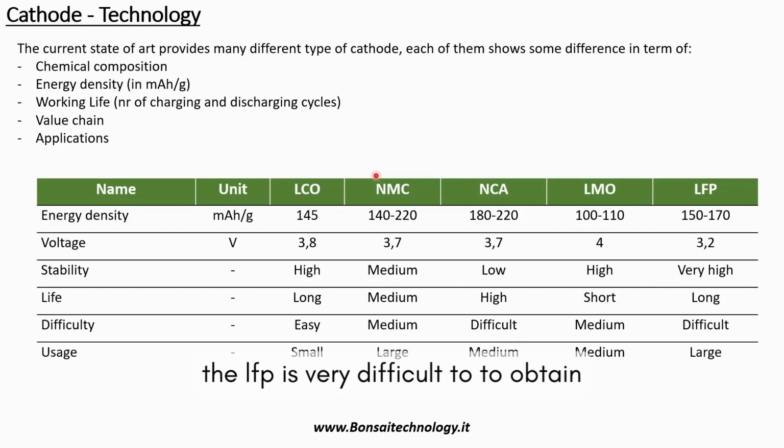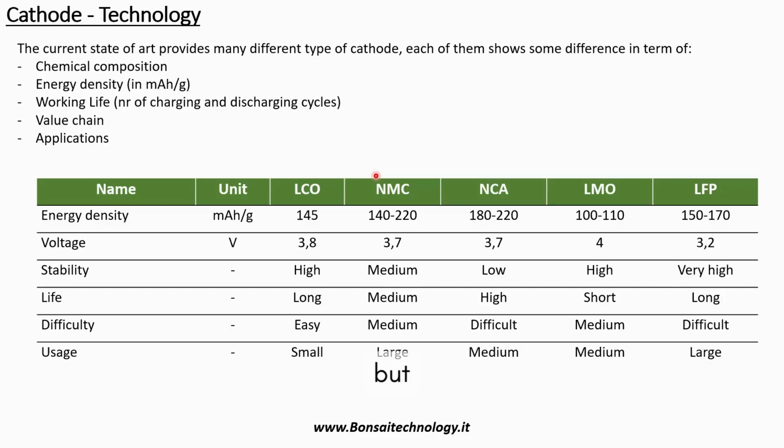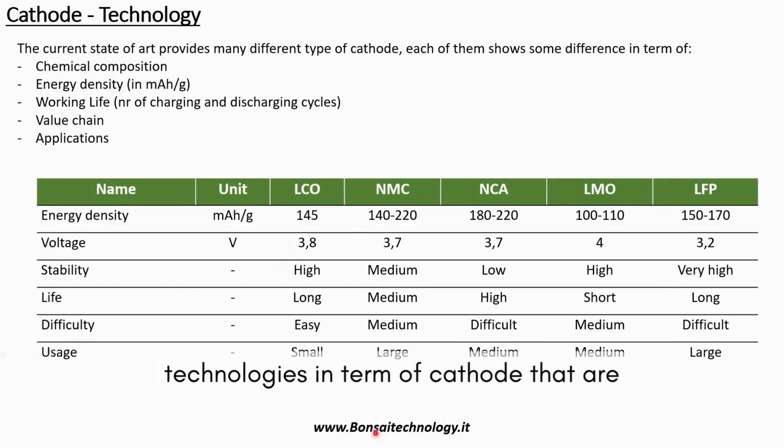But LFP is very difficult to obtain in terms of active material because the working window is very small compared to NMC. But as you can see in the last row, in terms of usability, NMC and LFP are the main cathode technologies currently used in EVs, energy storage and electronic devices.